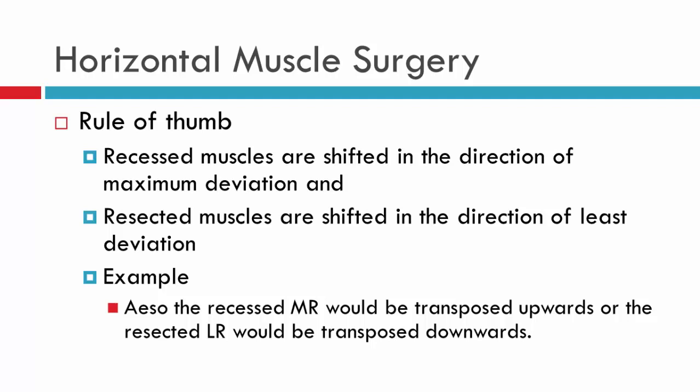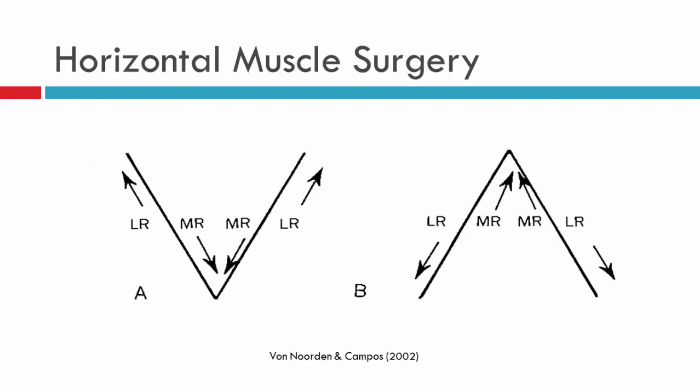So with the A-ESO, the ESO is becoming worse in up gaze, so we'll transpose that medial rectus upwards along with weakening it. And on the other side, if we're resecting the lateral rectus, the ipsilateral lateral rectus, then we'll transpose that downwards as well as strengthening it.